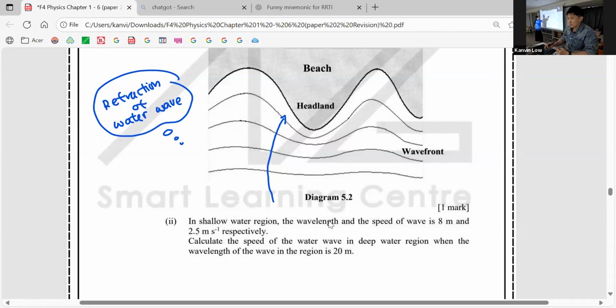Because the water is from deep to shallow, so they have different depths. The depth of the water is different. Do you get it? Because the depth of water is different, that's why you have refraction of the water wave. Do you remember now?